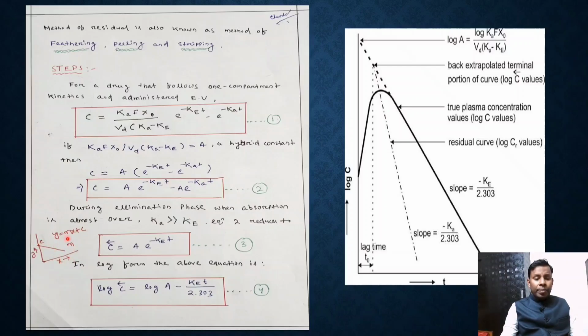Here y will be log C back, x axis is t, slope is minus Ke by 2.303, and y intercept will be log A.